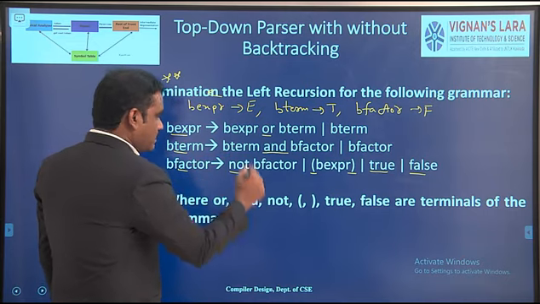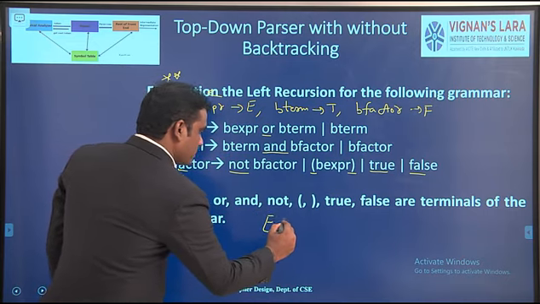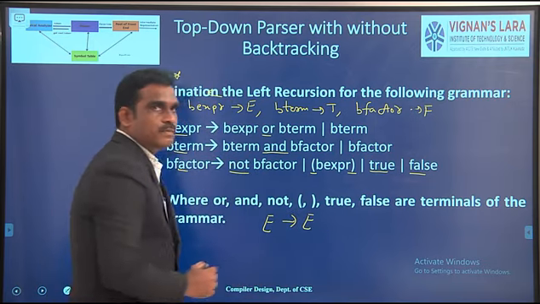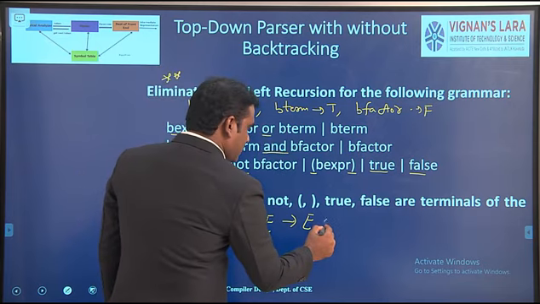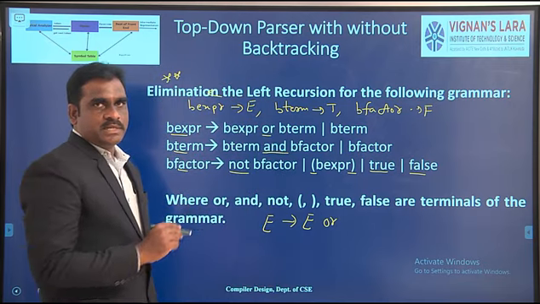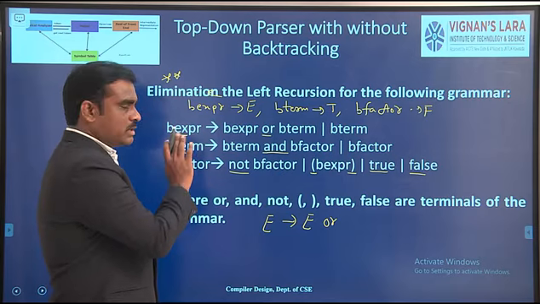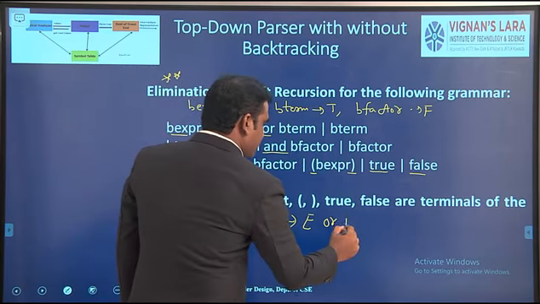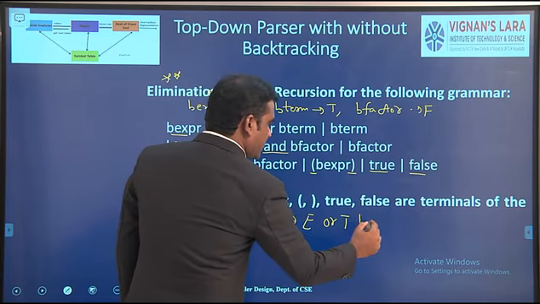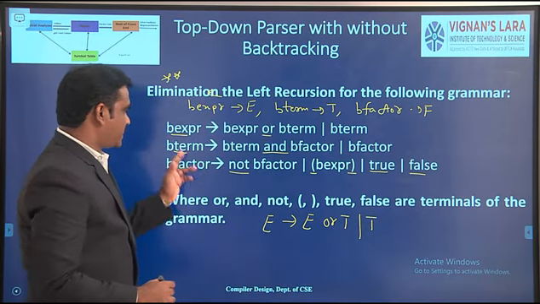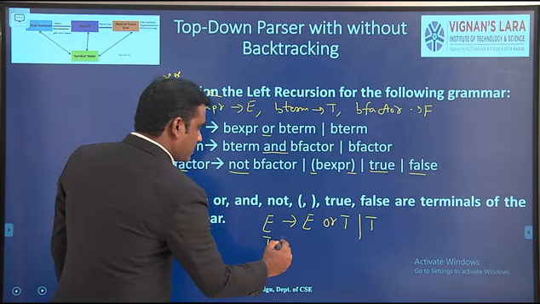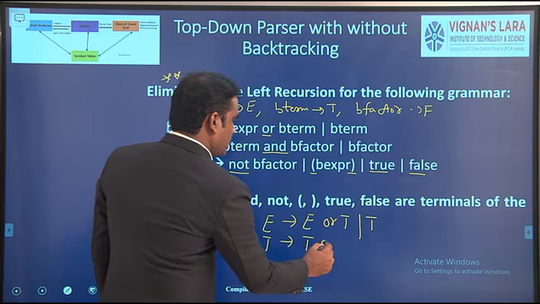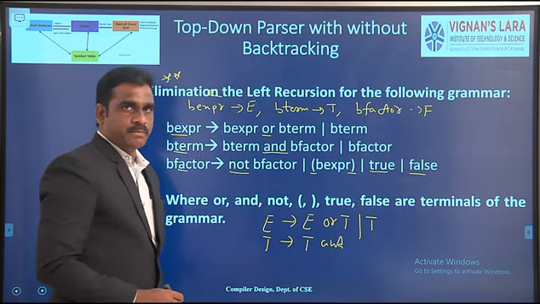So B expression means E. So E → B expression, E. R is a terminal, so no need to change the terminal symbols. We have modified only non-terminal symbols. B term means T. Slash B term means T. Next one, B term: T → B term, T, and is a terminal symbol.